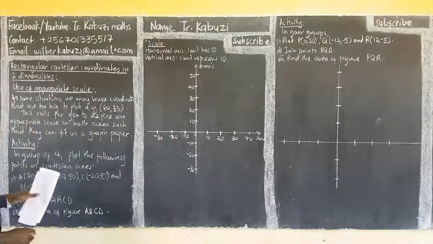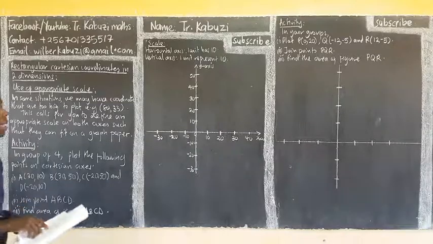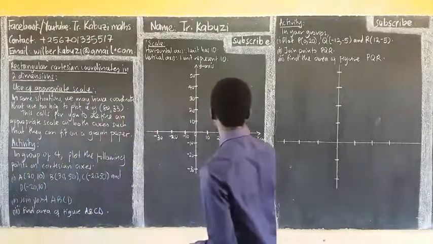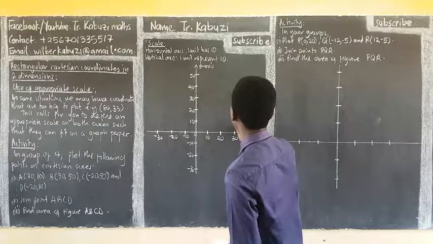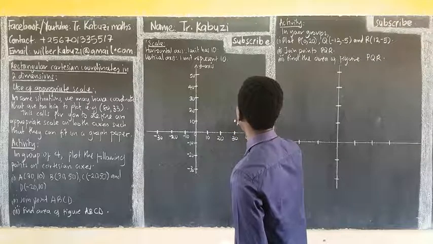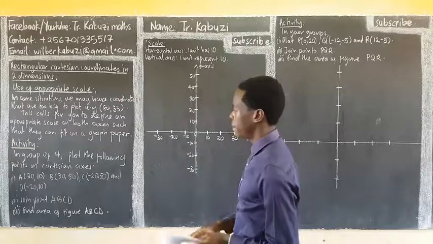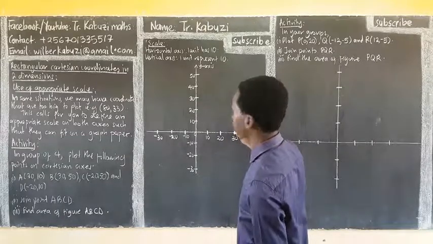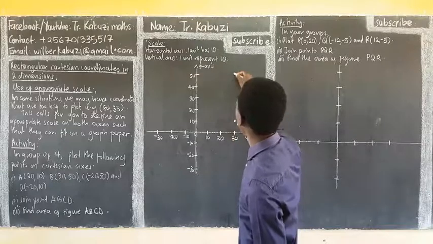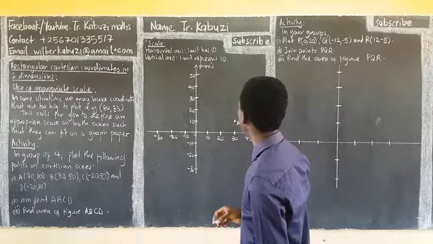So they have 30, 10. I think we see 30, 10 is there. So this is our A. We indicate 30, 10. Then B, 30, 50, so meaning the x is 30, then 50 is somewhere there.